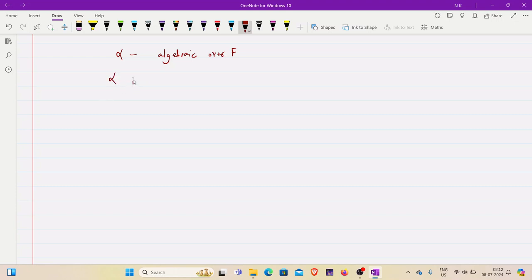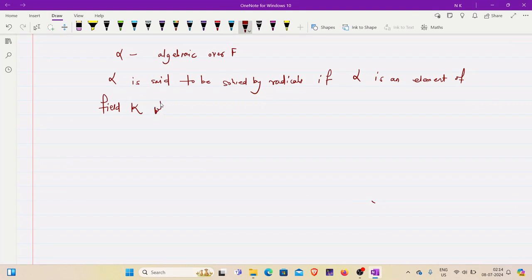So alpha is said to be solved by radicals if alpha is an element of a field K which can be obtained by a succession of simple radical extensions.